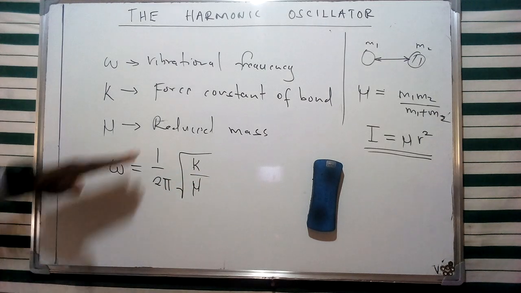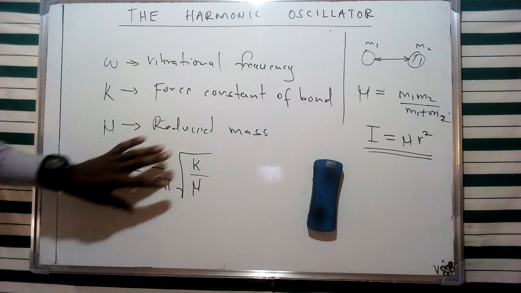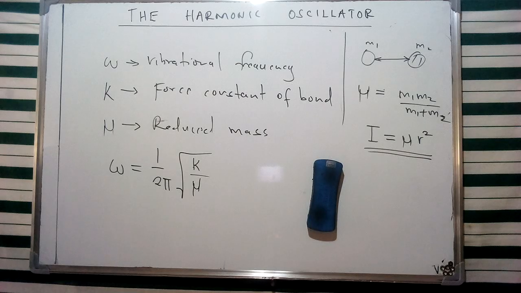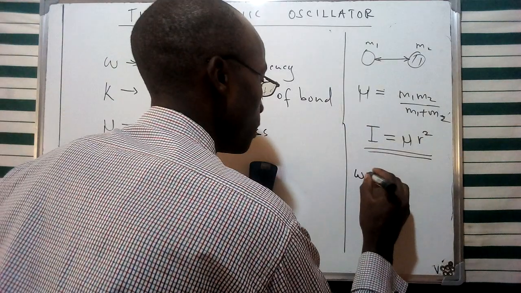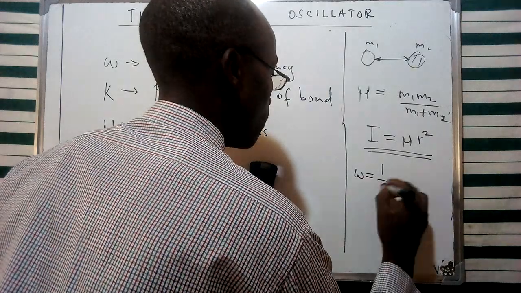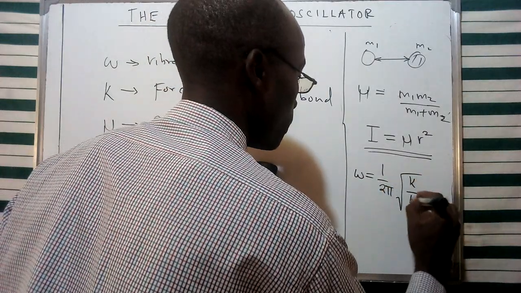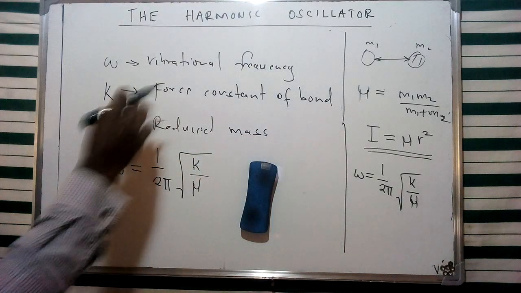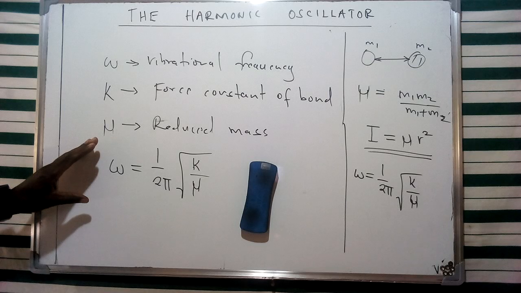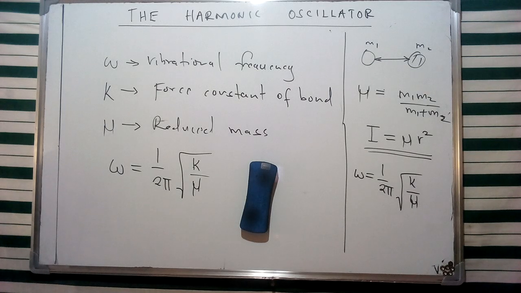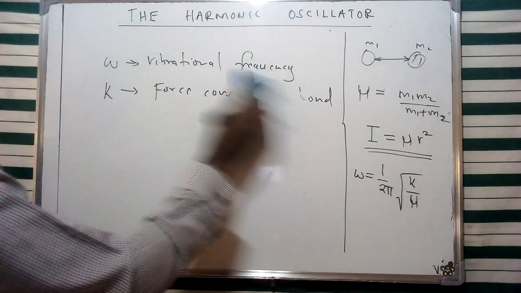These properties, which assist us in describing the harmonic oscillator, have a general relationship given by this. So I'm going to put this at this side so that in case we come across it, we're going to use it appropriately. So we have k over reduced mass as the relationship that exists for a diatomic molecule being considered as a harmonic oscillator.